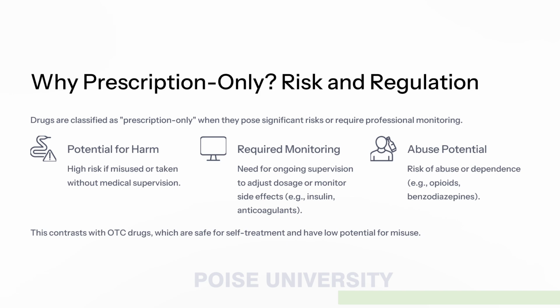It means that even within the setting, there are some drugs that you can easily get over the counter in the pharmacy or in the hospital, and there are some drugs that you cannot get unless you show a prescription. So we call them prescription only medications. Why now? What's the fuss all about?